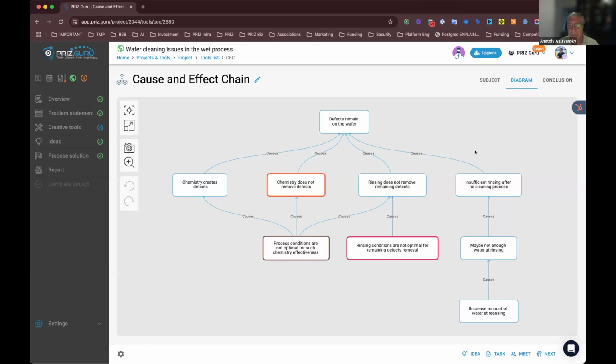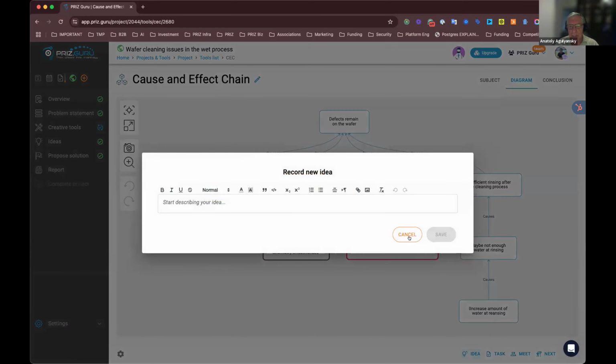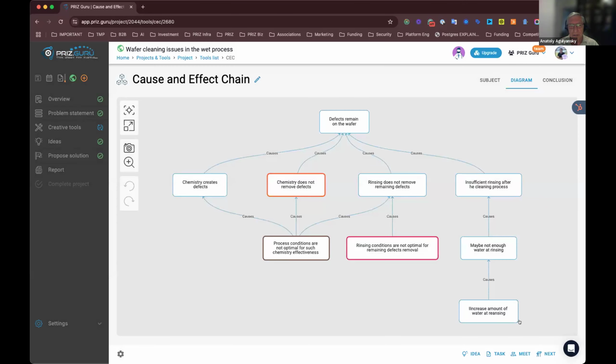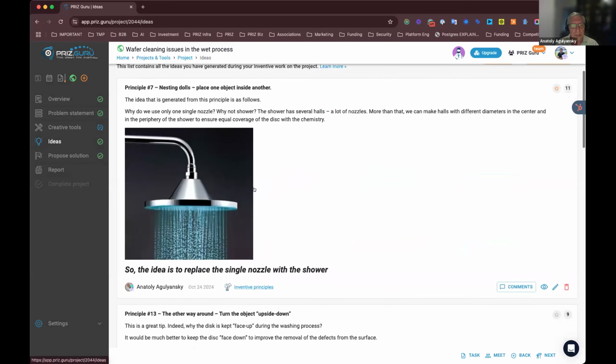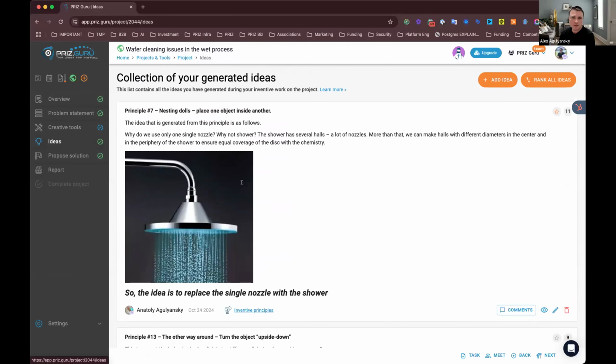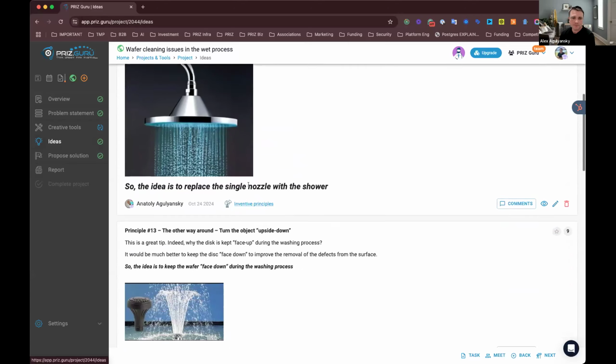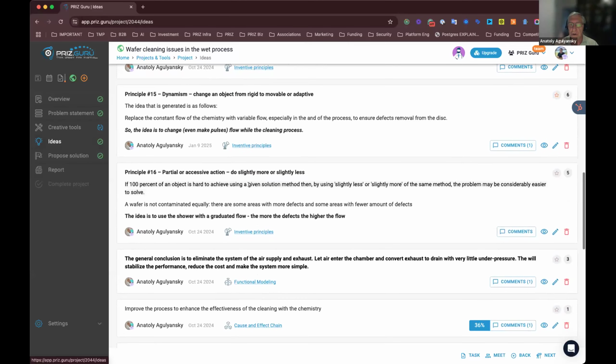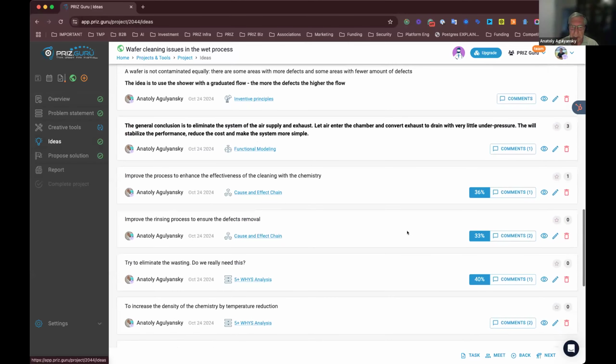So therefore, we have this very good button, and we can save ideas in the Idea Manager. Alex can show you the Idea Manager. No, it's okay. Yeah, sure. Idea Manager, and we have a special system for ranking these ideas.